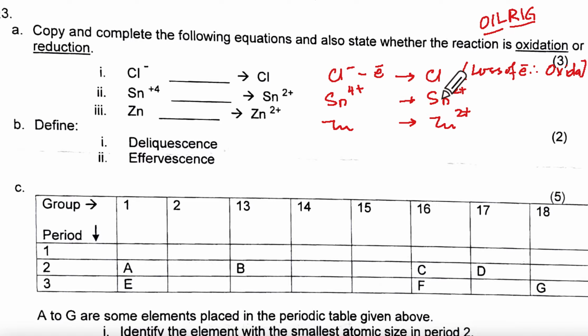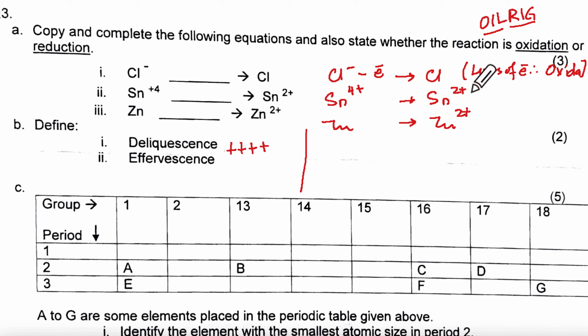Now let us look at this. Now there are 4 positives. If you are worried about this in your rough work, I don't have place on this side, so I'll show it here. This Sn has 1, 2, 3, 4 protons which are not neutralized.